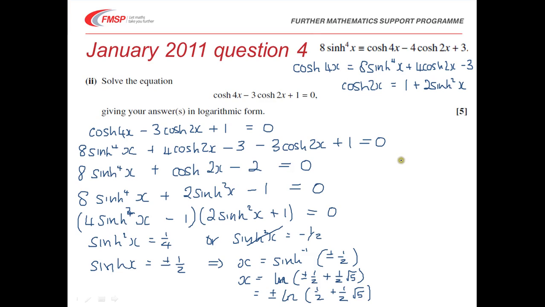You got an accuracy mark for getting the quadratic, and a method mark for factorising, and then you got 2 marks for rearranging, finding the sinh of x to be plus or minus a half, and using your formula books to substitute correctly into the logarithmic form. So 5 marks in total.